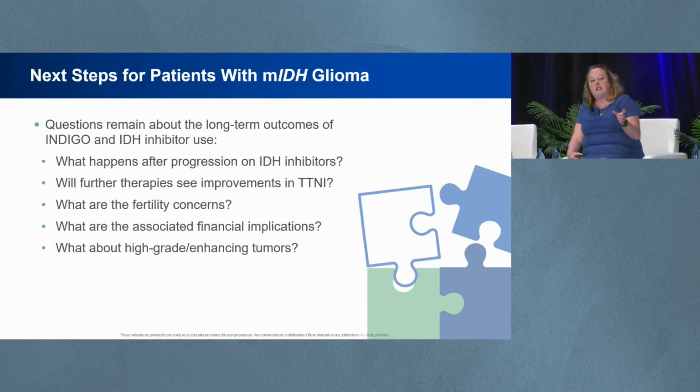And then, because these are younger patients, what about the fertility considerations for both male and female patients put on these agents? And because these are long-term medications, what are the associated financial implications for long-term therapy? And then finally, how do we treat patients with higher grade or enhancing tumors?